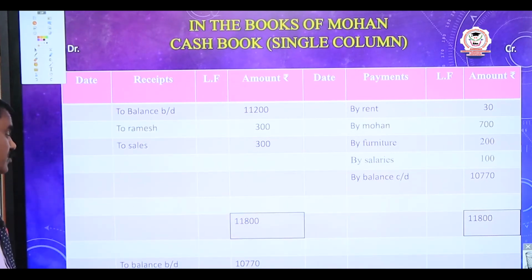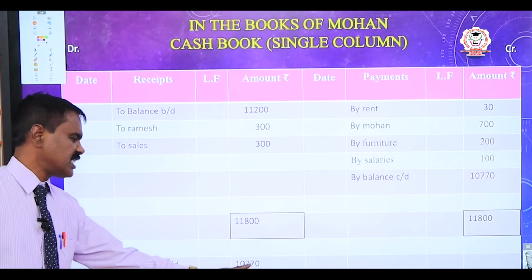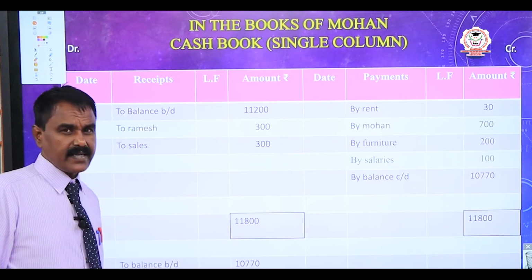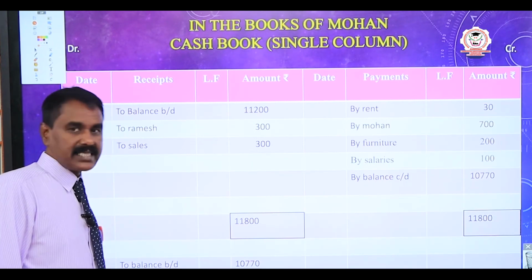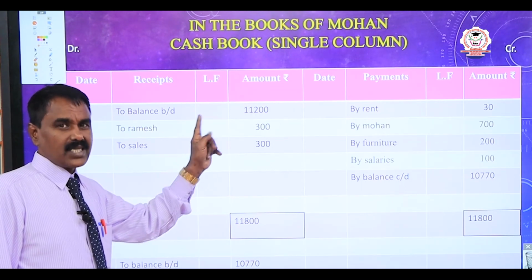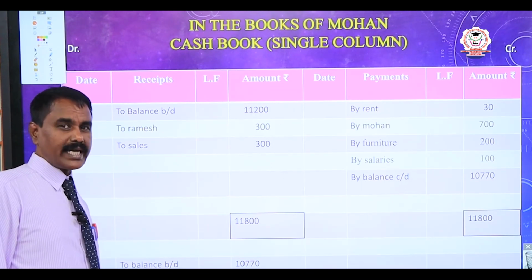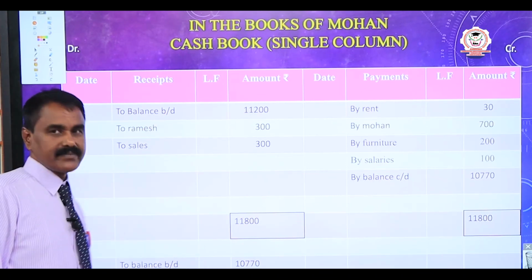Next day we have to bring down the balance, that is To balance b/d 10,770. See, the opening balance is again on the debit side. As I told you at the beginning, cash is an asset, so the opening balance will come to the debit side. Opening balance means To balance b/d.